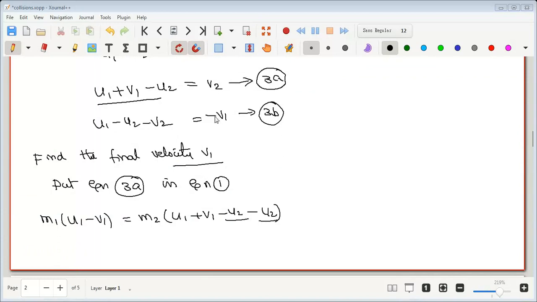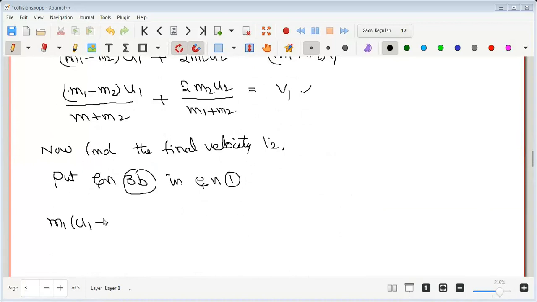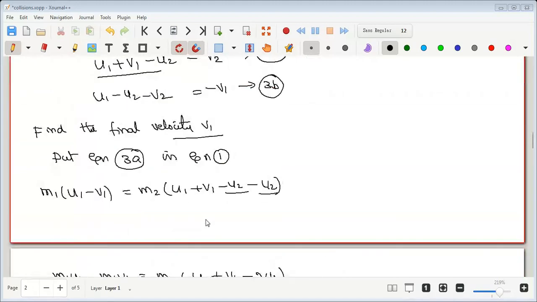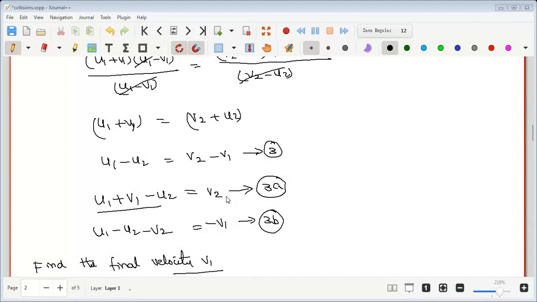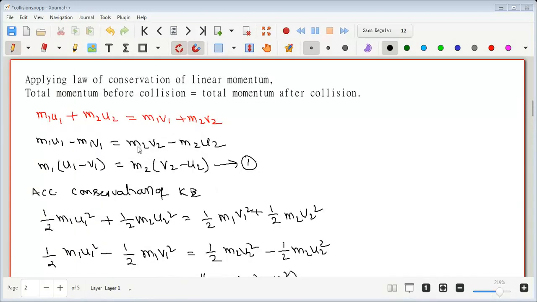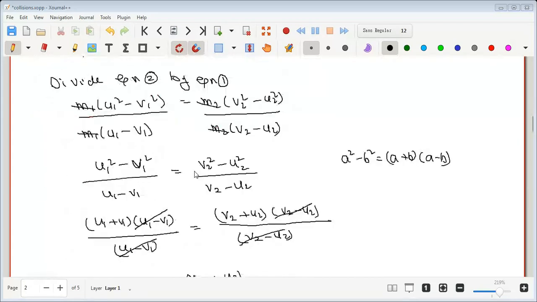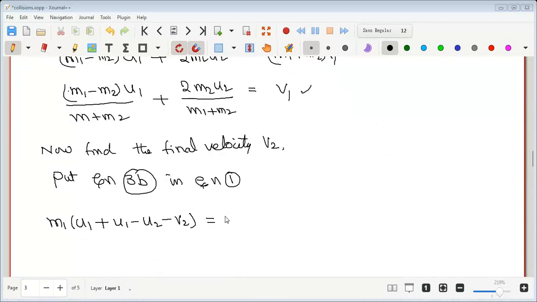We replace minus v1 with this u1 minus u2 minus v2, so m1 u1 plus (u1 minus u2 minus v2) is equal to, from the right hand side of equation 1, m2 into (v2 minus u2).